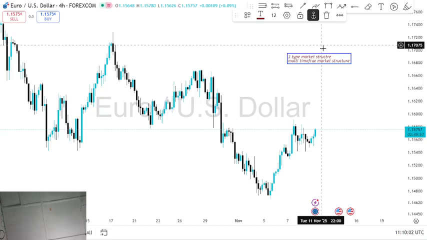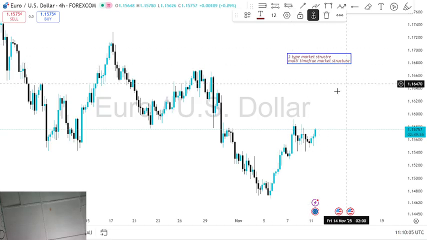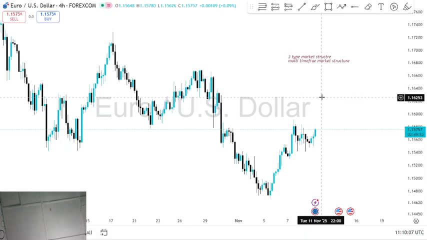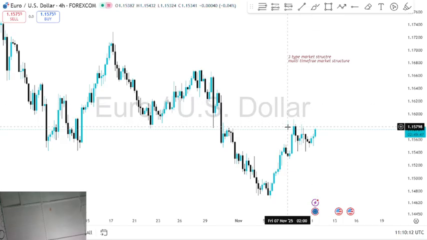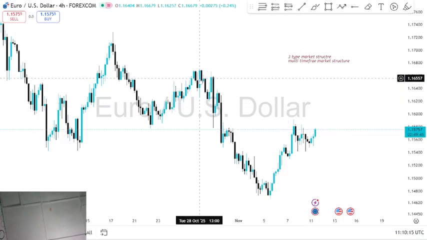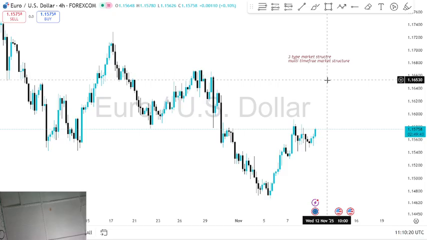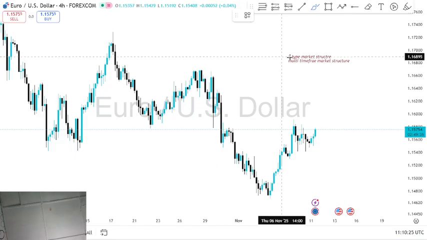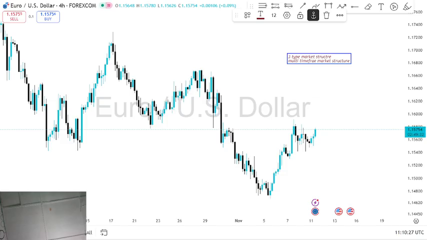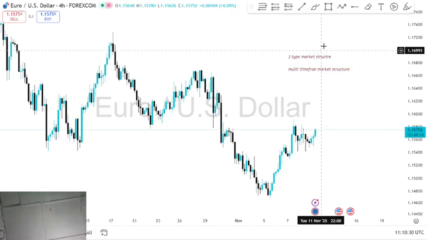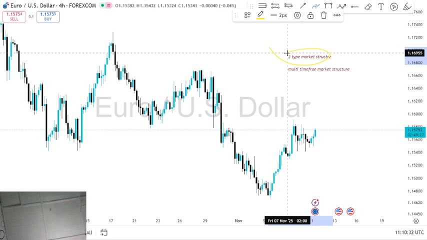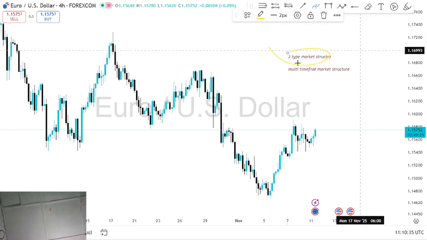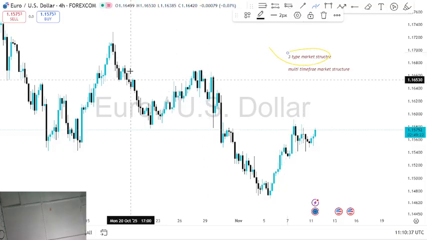So what is three type market structure and what is multi-time frame market structure? How do we even identify what time frames to even use? How relevant is the information? Okay, so I will start off with market structure.